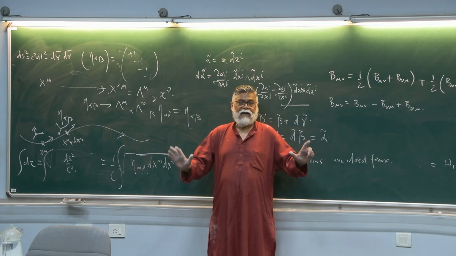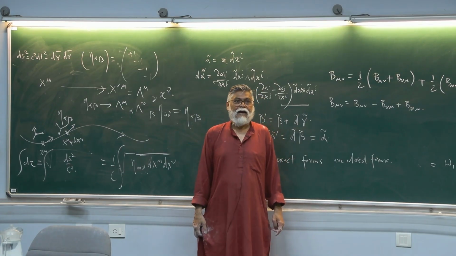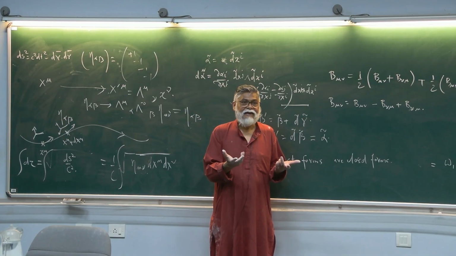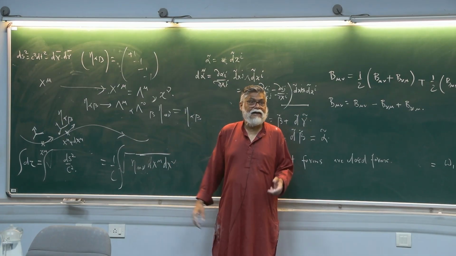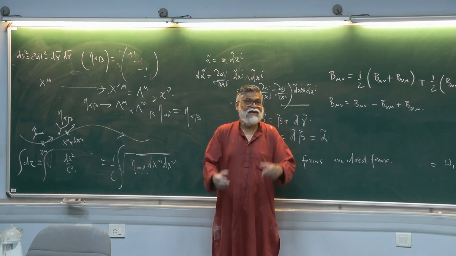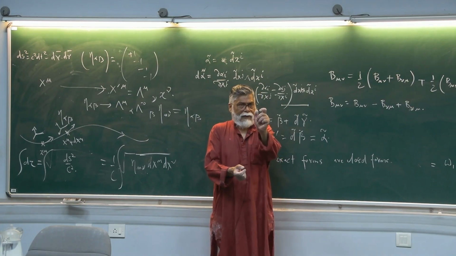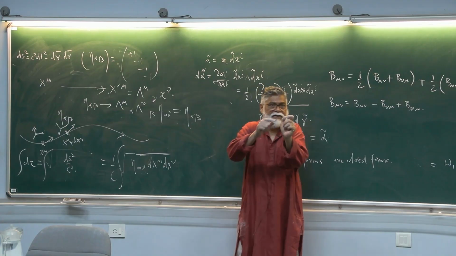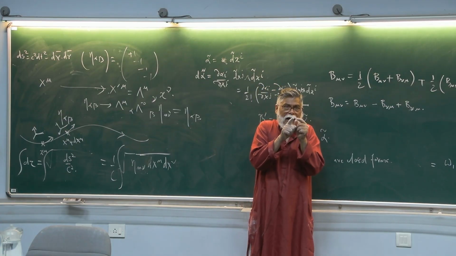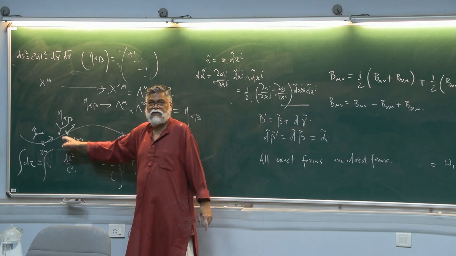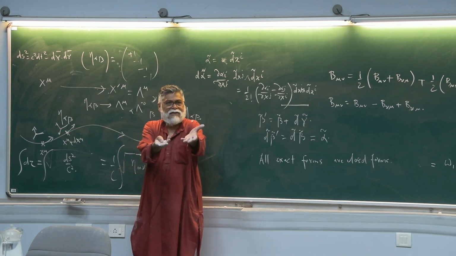Okay? That is the invariance of the infinitesimal interval. Invariance under which transformation? Lorentz transformation. But I am an accelerated observer. You can't use Lorentz transformation. Within that infinitesimal interval, for a short time I am at rest with respect to a Lorentz observer.